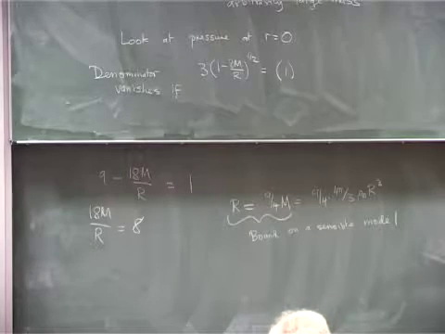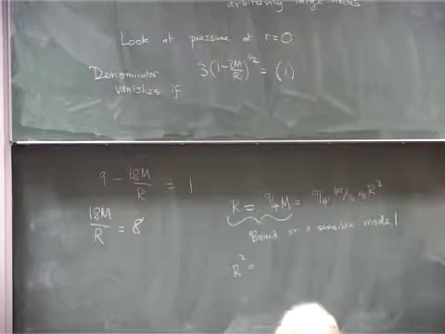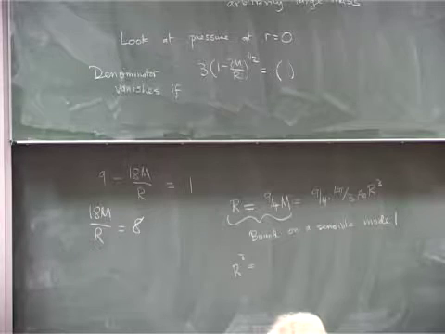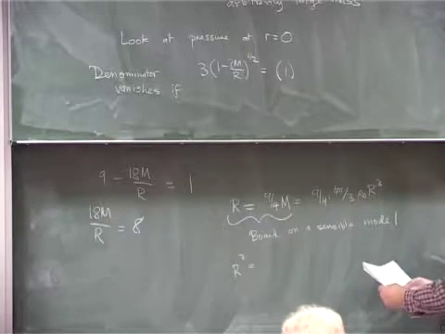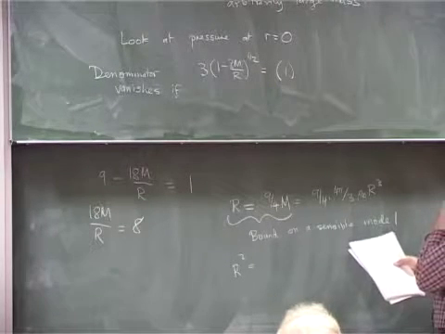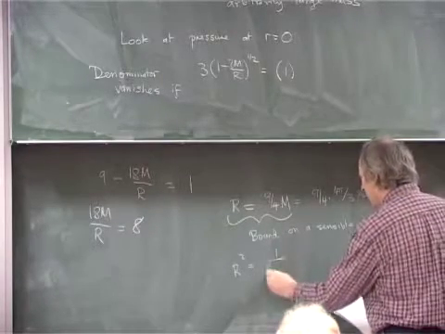It reads r squared is equal to, I'm going to do this calculation, one over 3 pi rho naught.